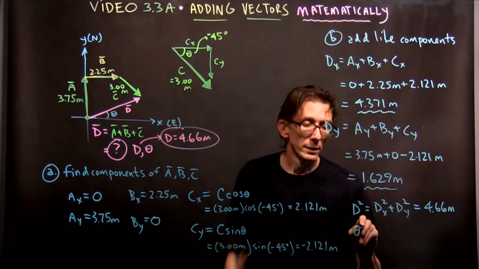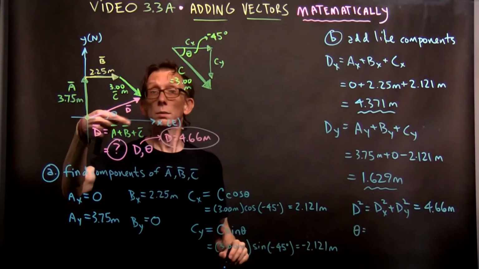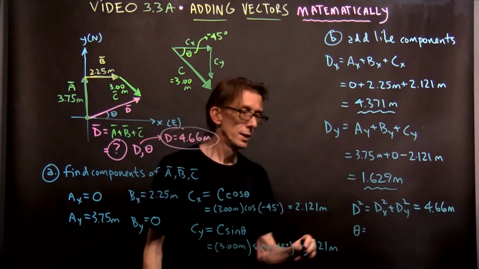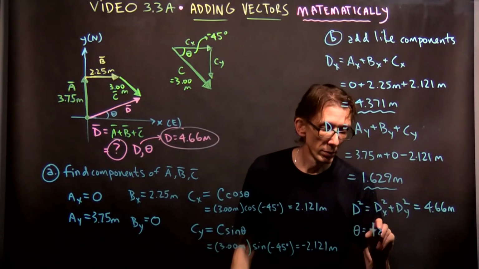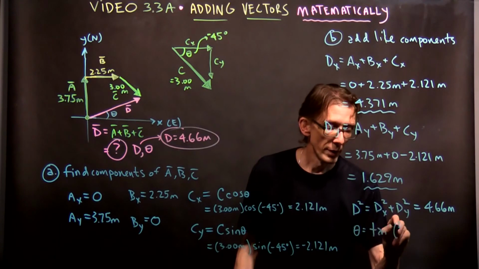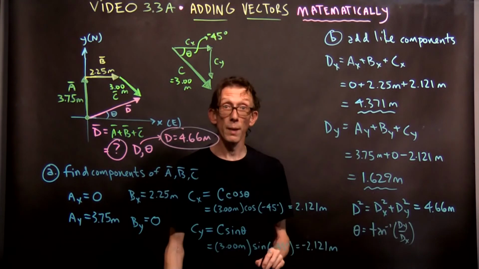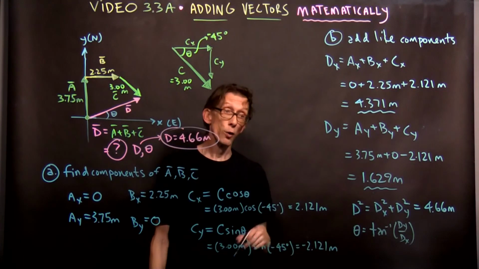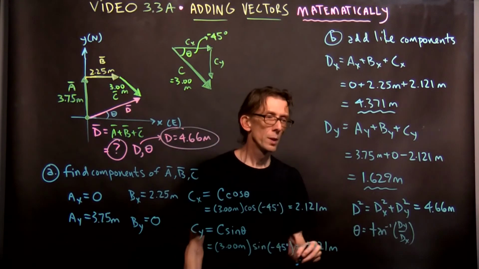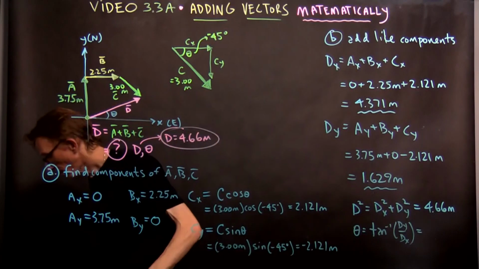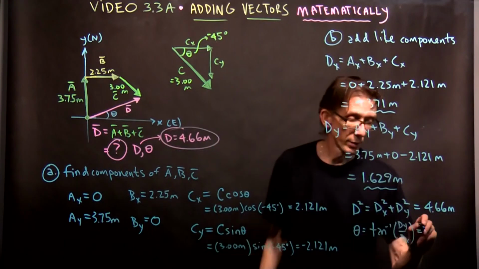And theta, that is the angle here between the positive x-axis and D, is the inverse tangent of DY over DX. Again, I don't have time to step through the math, nor do I have the space on the board. That equals what angle here? 20.4 degrees.